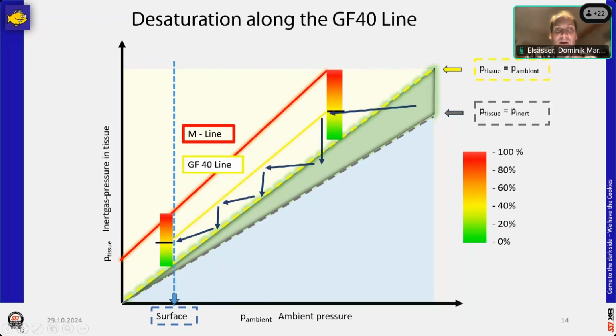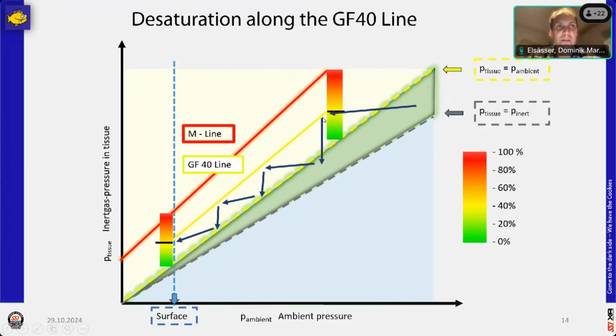You can say, okay, I want to do my first decompression stop, for example, when I have crossed 40% of the space that I can allow. And that's what's done here in this plot. So that would be a gradient factor 40 line. You go in the direction of the surface until you are at this 40% here for your first stop.